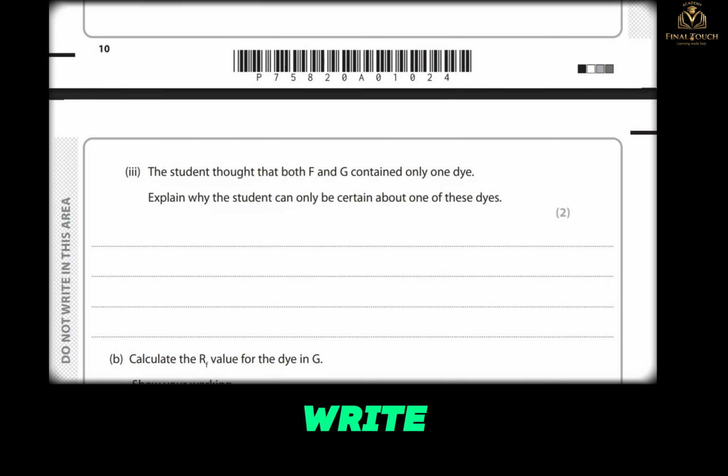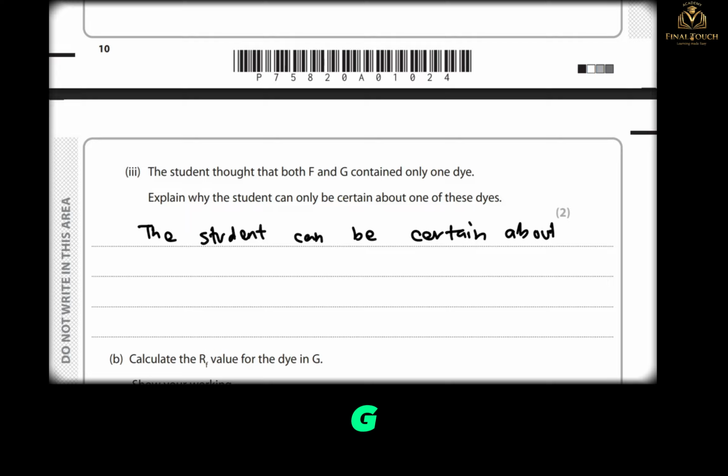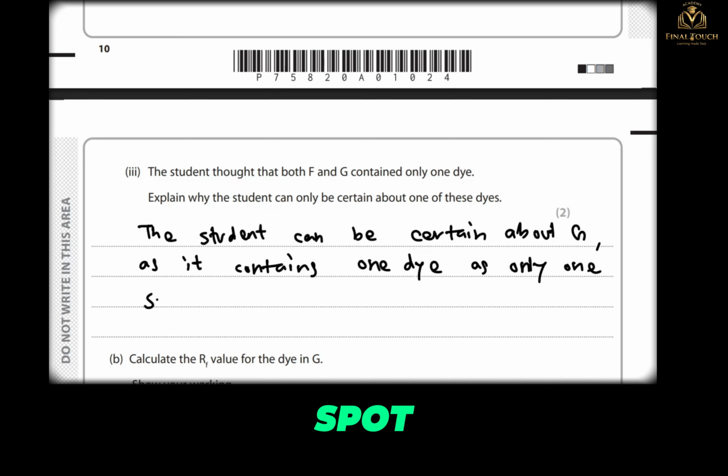So we can write the student can be certain about G as it contains one dye as only one spot.